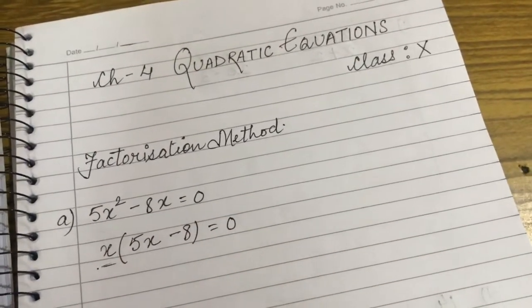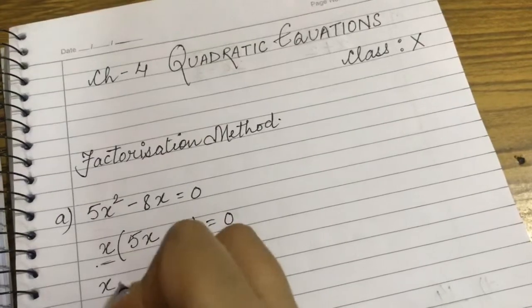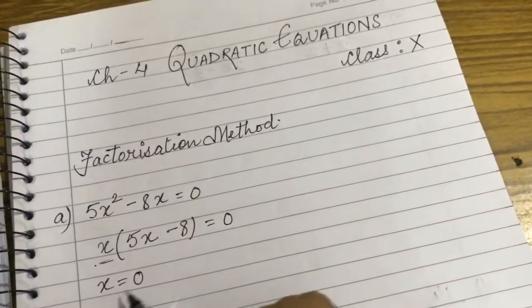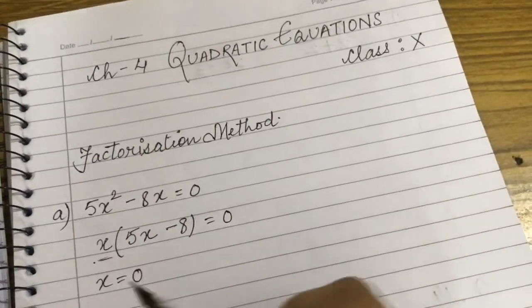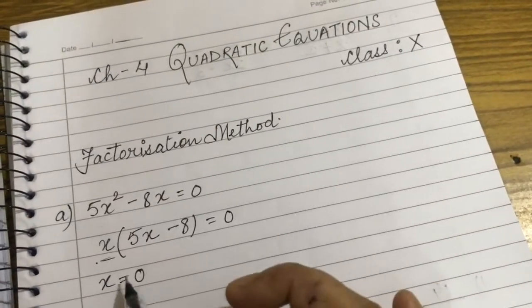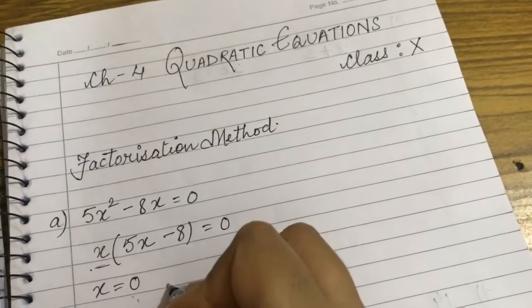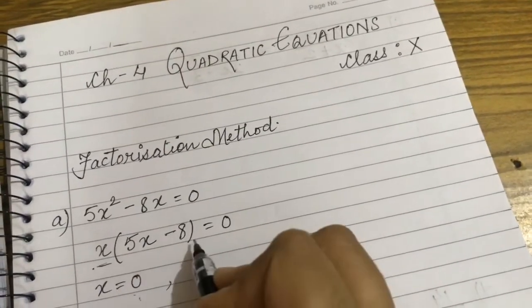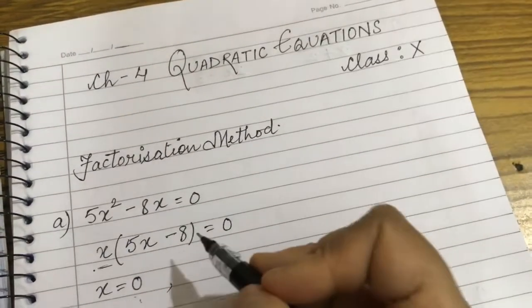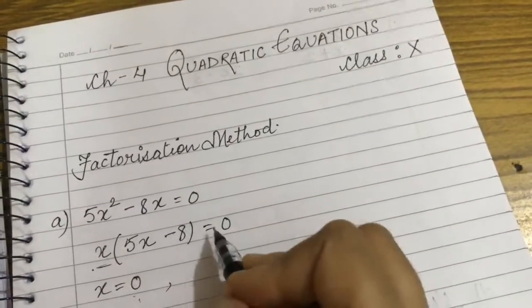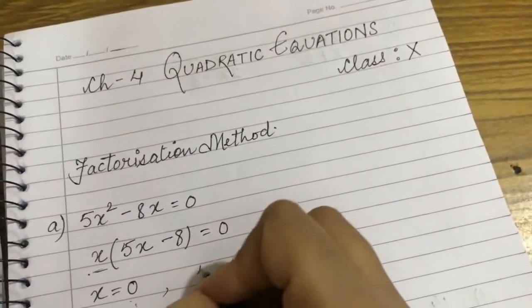So the first factor is x, so we will put it equal to 0. There is nothing to solve here, so x will be equal to 0. So our first root is 0. To find the second root, we will put the other factor equal to 0. And what is the other factor? The other factor is 5x minus 8, so it will be equal to 0.